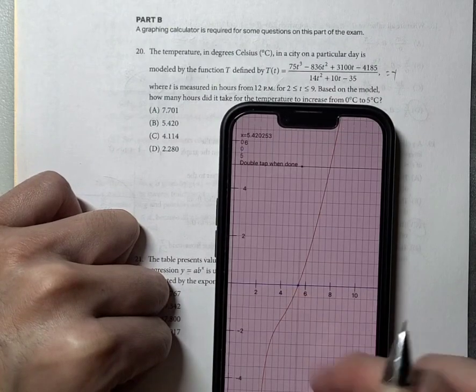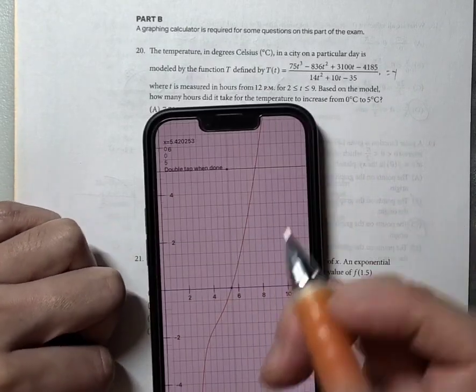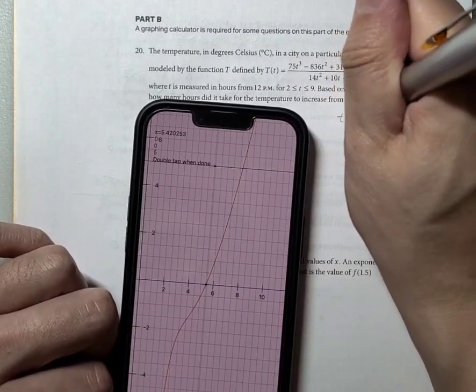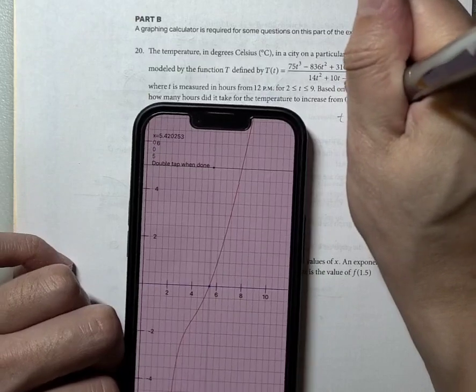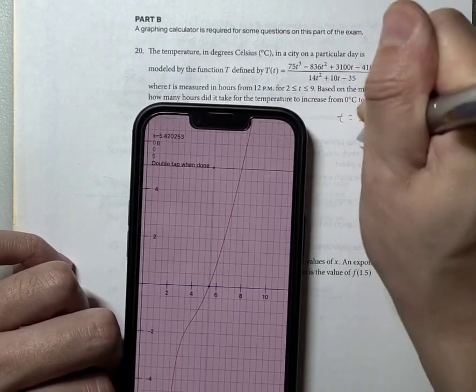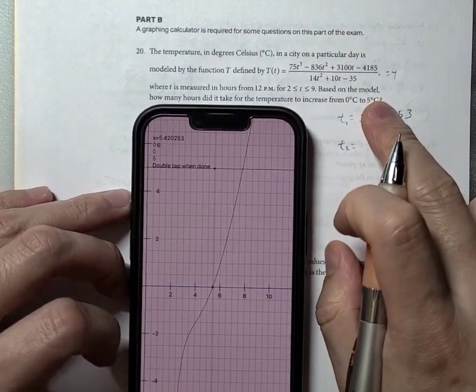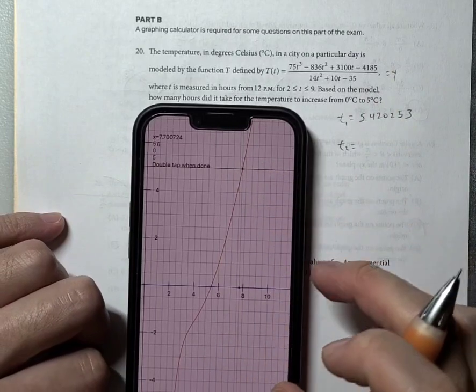So over here, it crosses y is 0, where x is 5.420253. Let's write that down. So when t, in this case the original variable is t, is 5.420253, let's call that t1. t2, where it crosses 5 degrees, would be this point up here.